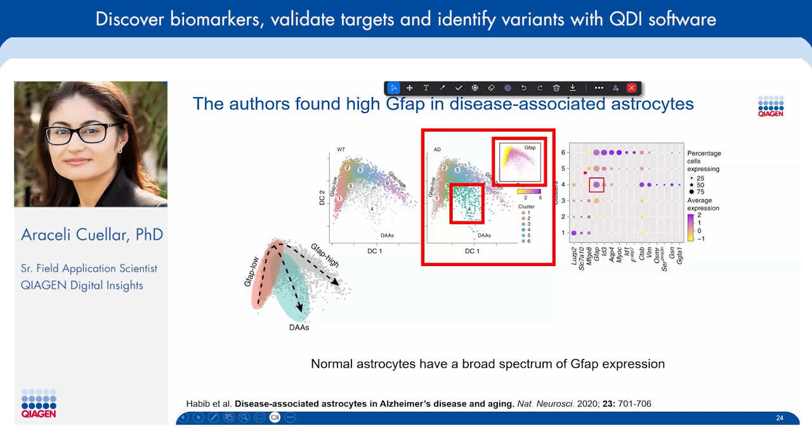And you can also see that right here in this cluster 4. So you can see that cluster 4 has a higher average expression of GFAP as well as a higher percentage of the cells expressing GFAP.